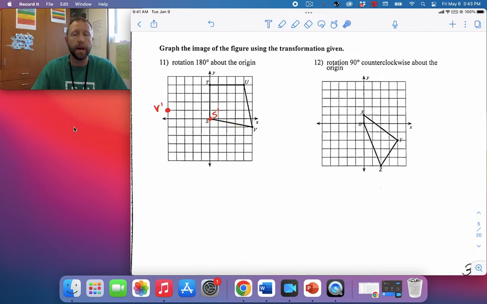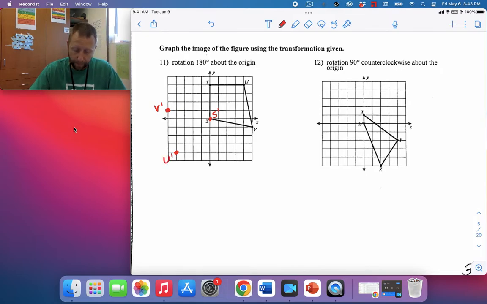Okay, I'm going to do the same thing for U. Okay, U is in this quadrant, 1 space. Look at this, it's 1 space from the corner, right? So to go 90 degrees, it would be right here, 1 space from the corner, but that's only 90 degrees. I need to go 180 degrees. So U prime is going to be right here. So let's put our U prime right there.